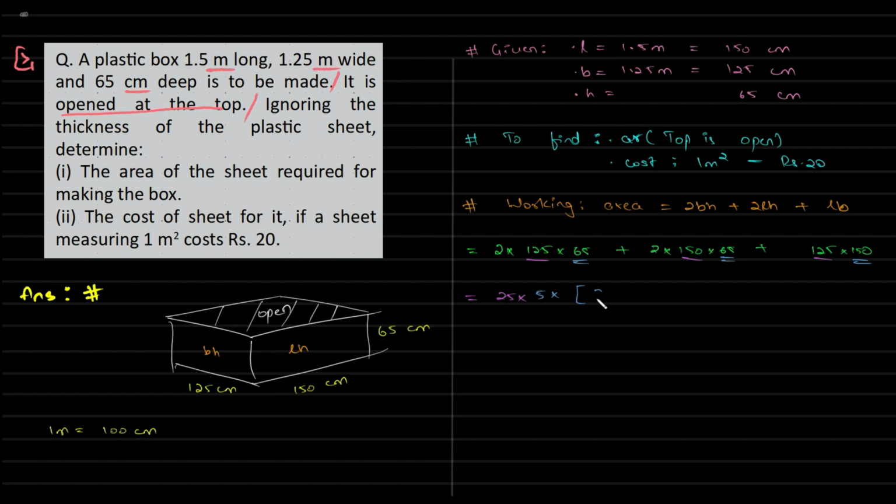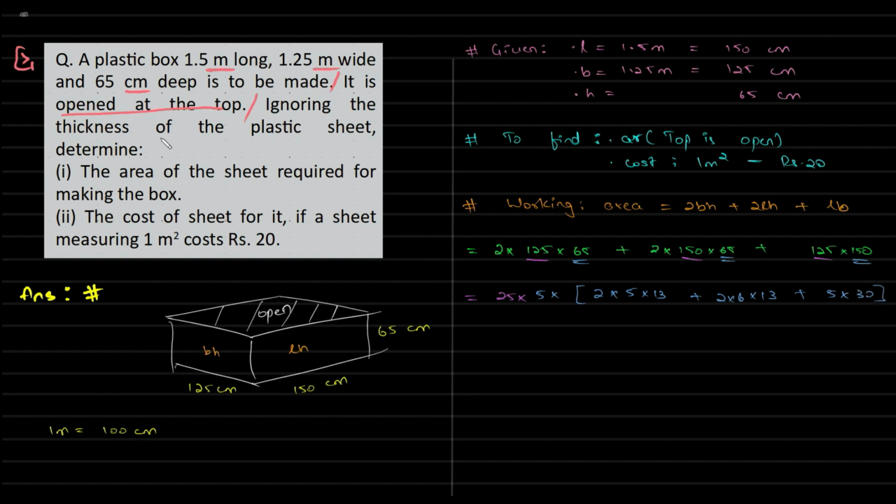And we have 2 into 5 into 13, plus 2 into 6 into 13, plus this is how much? 25, taking 5 over here, 25 over here, and from here I'm taking 5, so this will be 30, right?